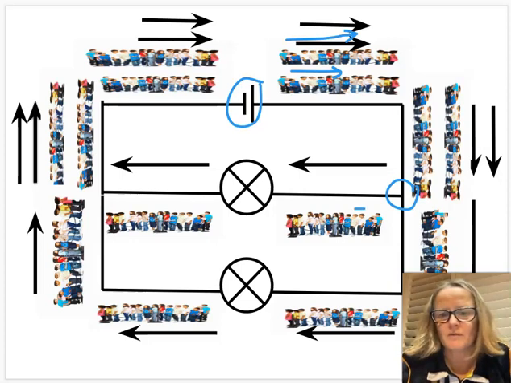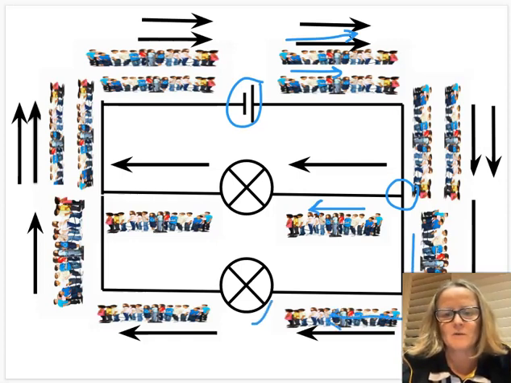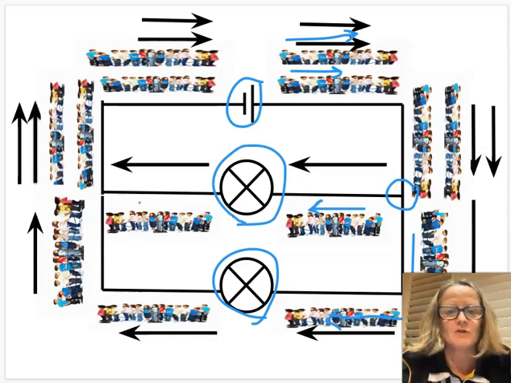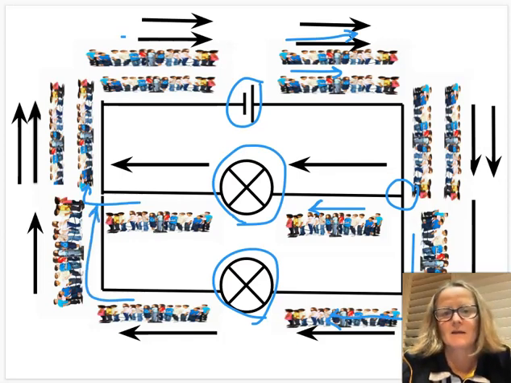Some of them go through one bulb and some make their way around the corner and go through the next bulb. So we've got two globes in the circuit. They both need to be fed with a supply of electrons or children working their way through, and then those children join up so that you end up with the same number that we started with going back towards the power source.